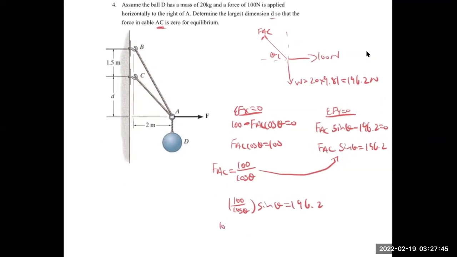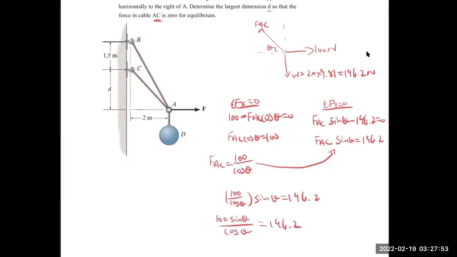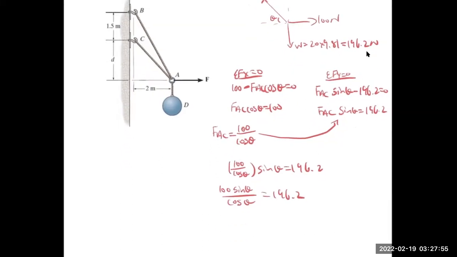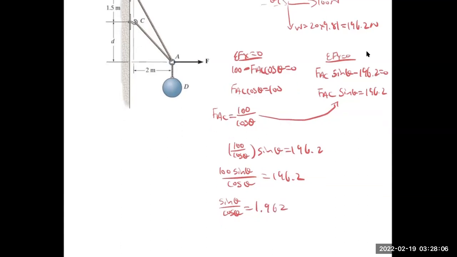Yeah, so distribute sine theta in. This is what I got. And then reduce the numbers. Okay, and then we know that sine theta over cosine theta is equal to tangent theta, right?